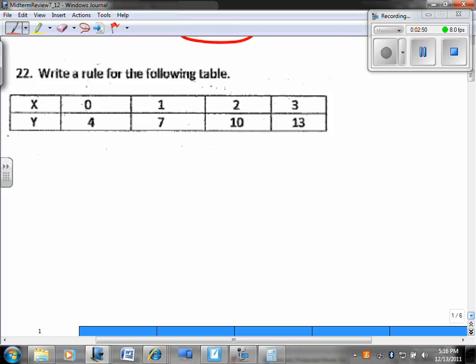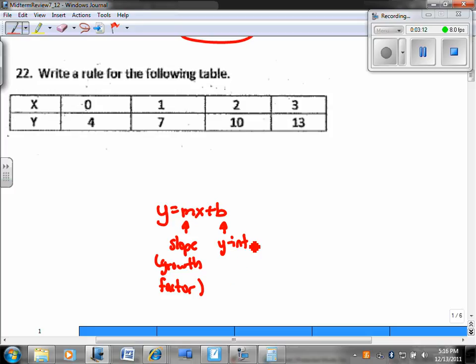Okay, write a rule for the following table. Well, for our rules, we know that we have y equals mx plus b, with our m being our slope, that's our growth factor, and b is our y-intercept, which is y when x equals 0.